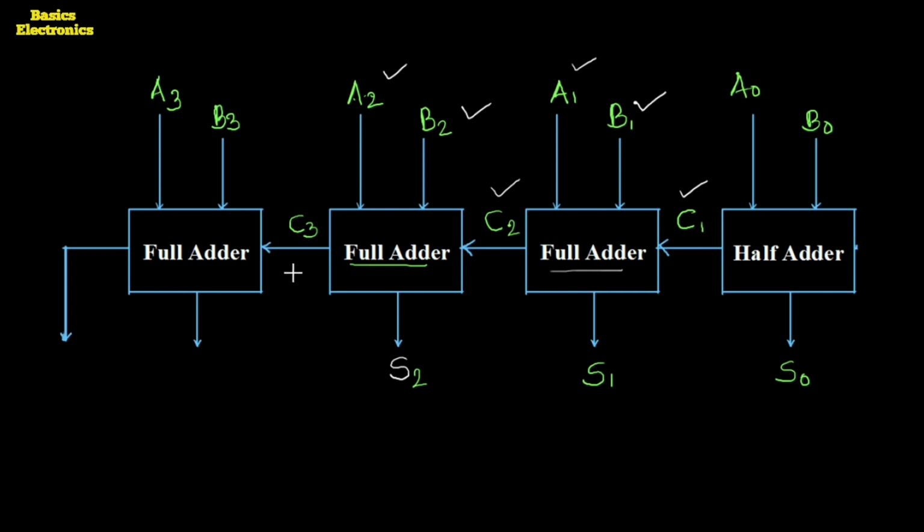This third binary bit is added along with A3 and B3. So this full adder performs the addition of the MS bit column and produces the sum output S3, and the carry generated is now C4. Here we get the output C4, S3, S2, S1 and S0.